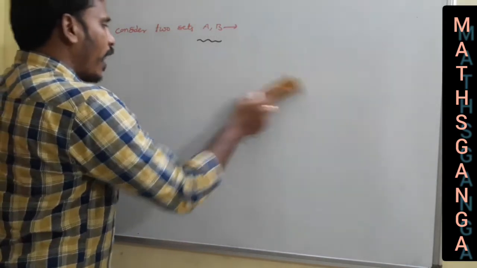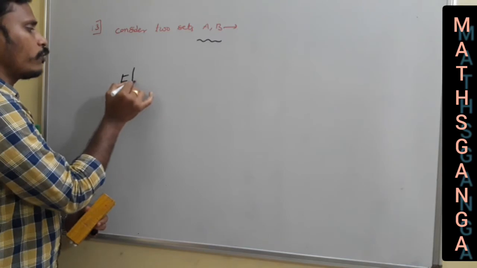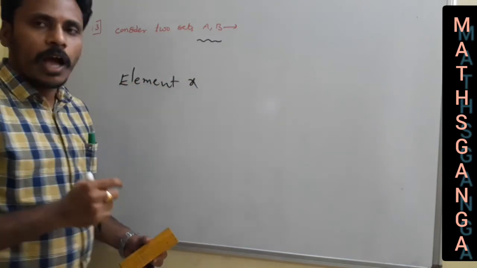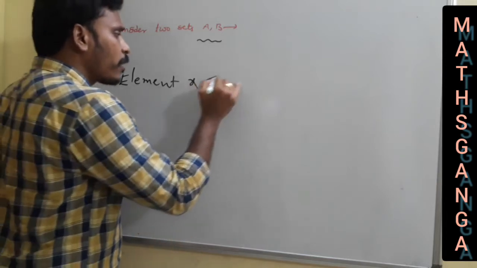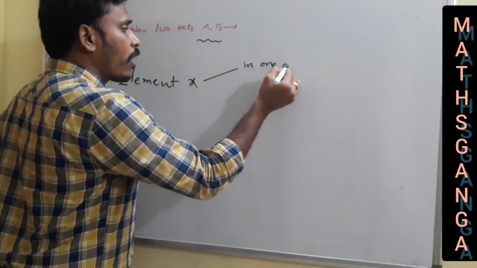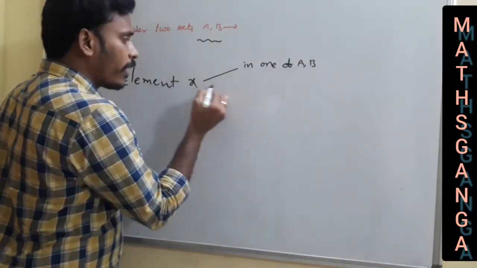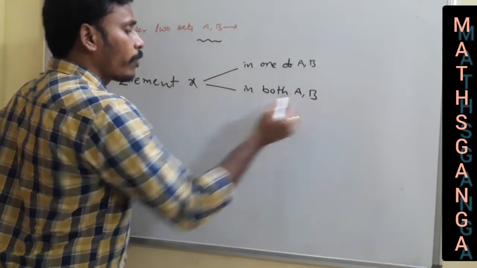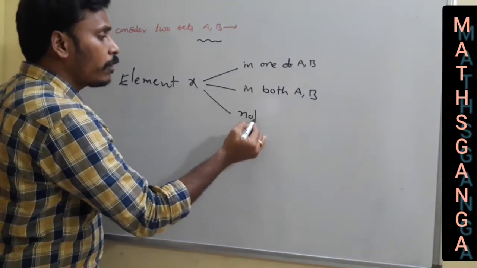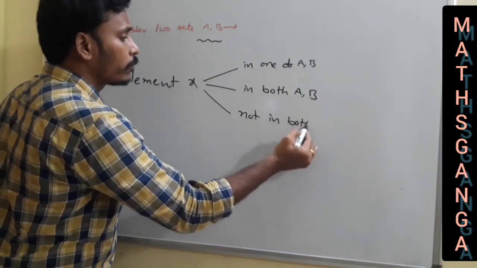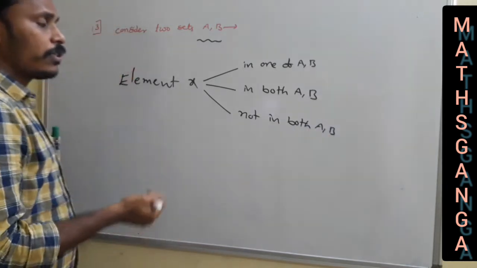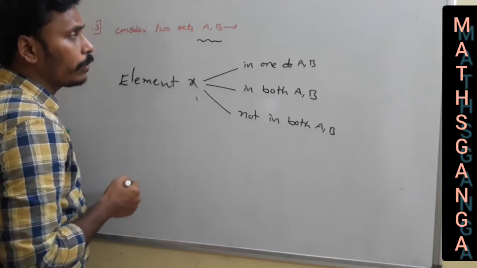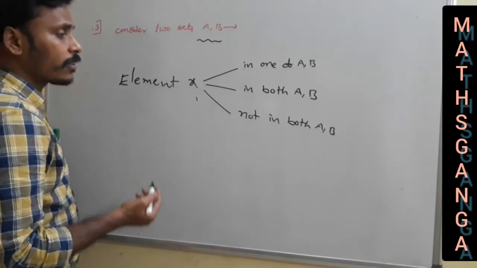I need to think about any element. Say an element x, and I am thinking about how it is located. That x may be in one of A comma B. That element may be in both A comma B. That element may be in neither of A comma B. Is it clear? It may be in both A comma B, in one of A comma B, and what are the other possibilities?